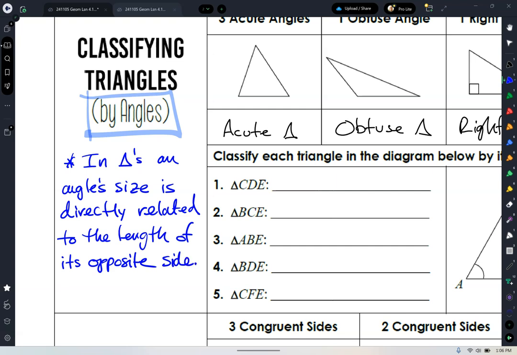And we're going to do some underlining here. So we're going to say an angle's size is directly related to the length of its opposite side.